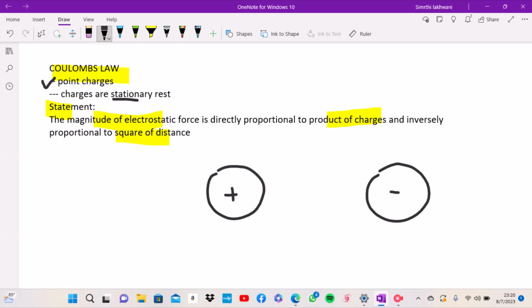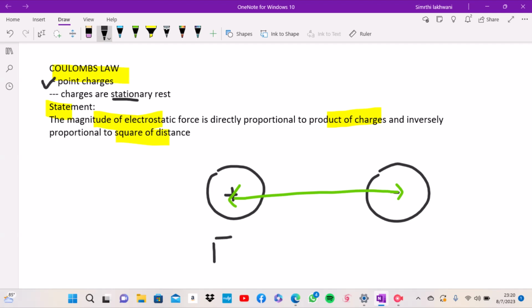You must remember that the line must be joining from the center. The electrostatic force must act on the line joining the centers. Now this electrostatic force is directly proportional to the product of charges.